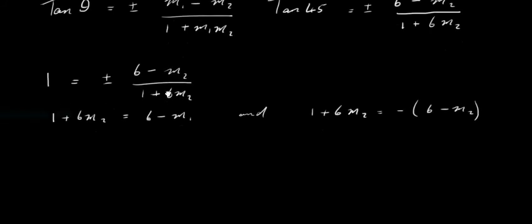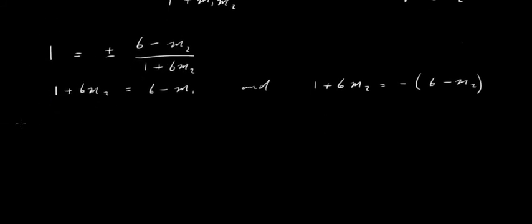So if I work both of those out, let me see, what do I get? We'll have an m2 here, add m2 to both sides, that will give me 7m2 on the left hand side, subtract 1 from this side, that will give me 5, so that will give me m2 is equal to 5 over 7.